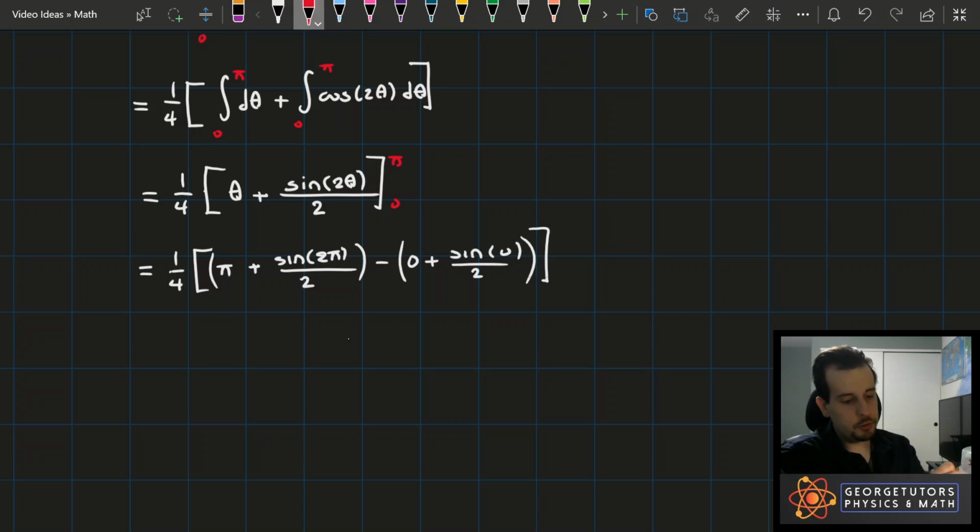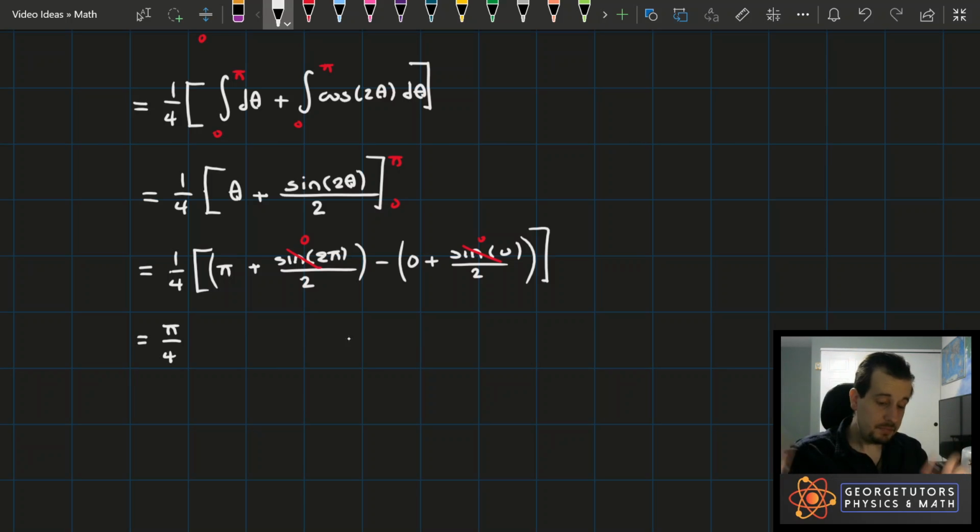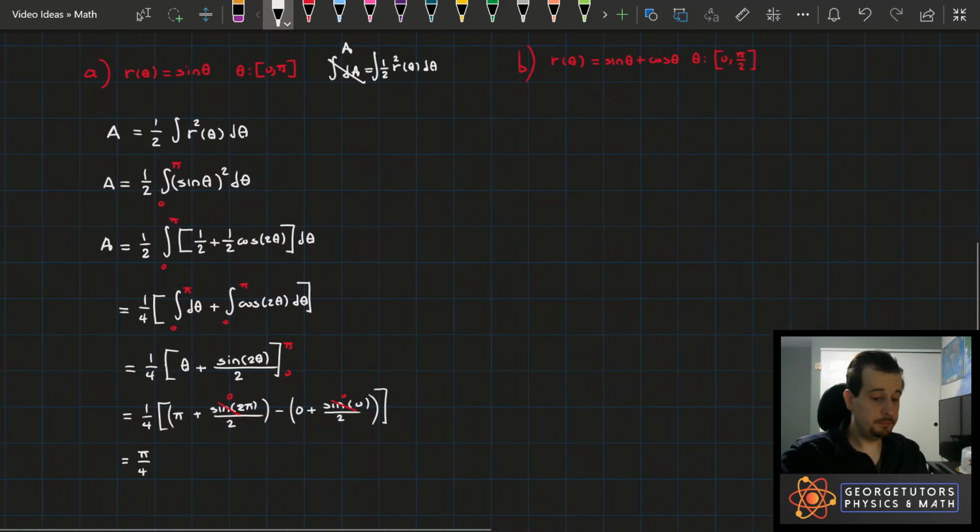Now, both terms in the second part, when we did this evaluation, go to 0, because sine of 0 obviously is 0, but sine of 2 pi is also 0. So the only thing that remains is the pi, and that's what we get back. We get pi over 4 as our final answer. And that's the end of this example.